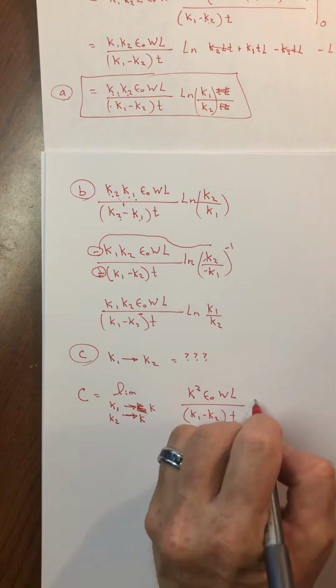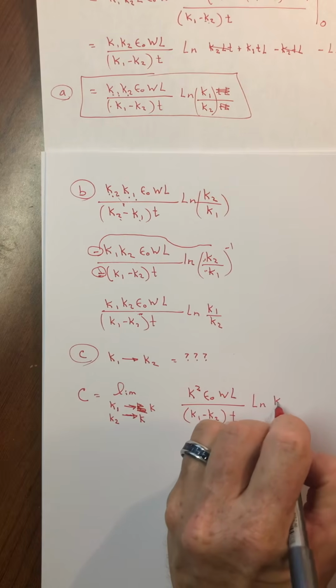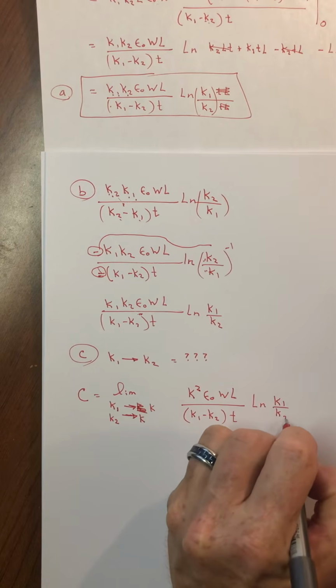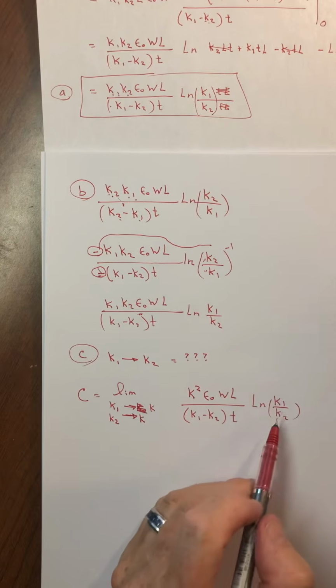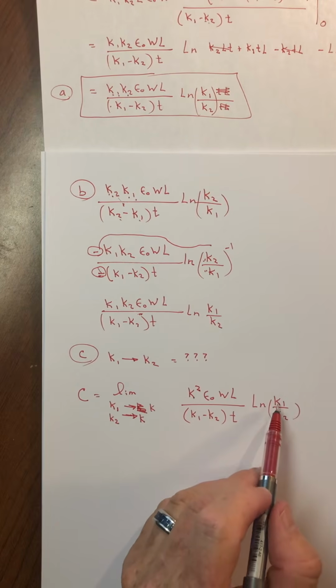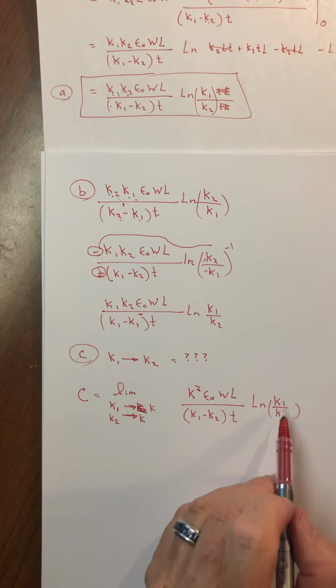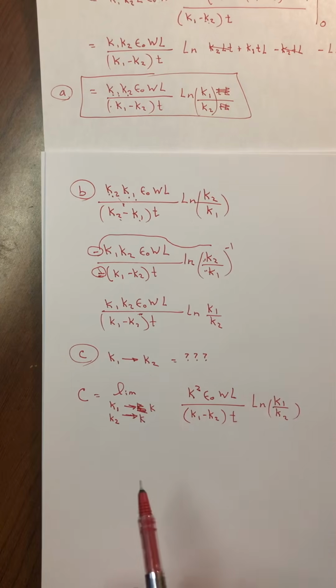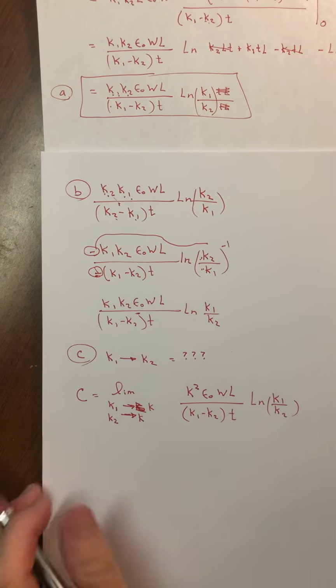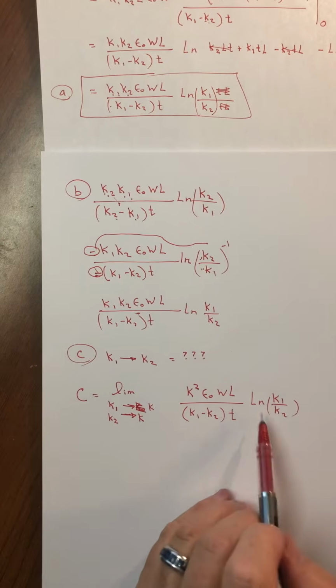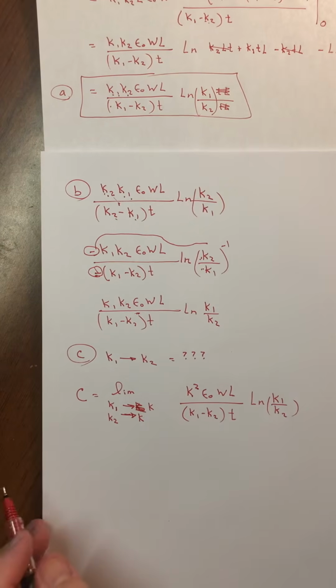And then likewise, with a kappa 1 and a kappa 2 in the natural log, these approach each other. Kappa over kappa becomes 1, and the natural log of 1 is a 0 also.